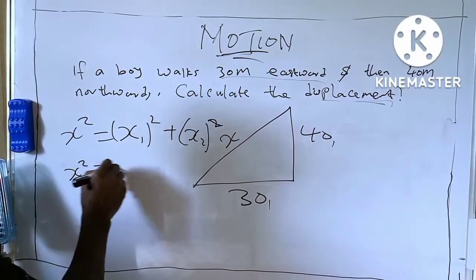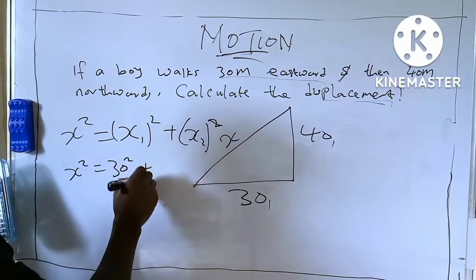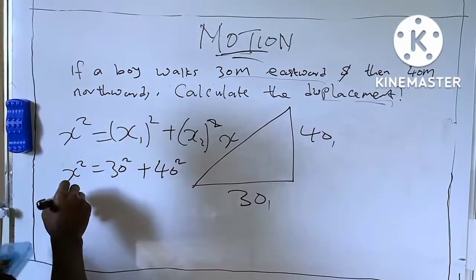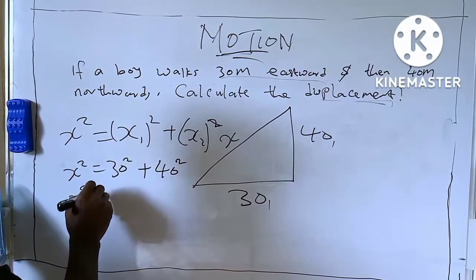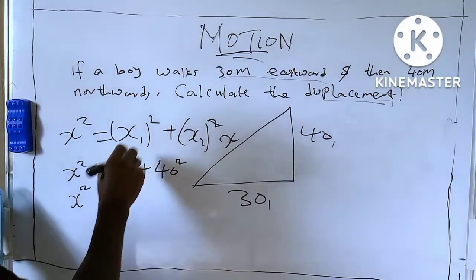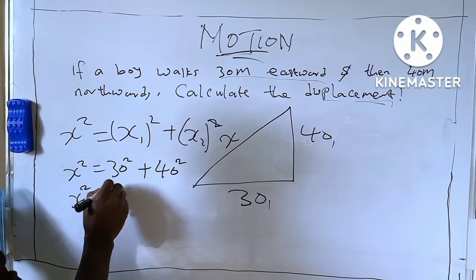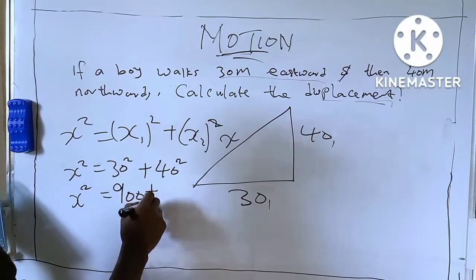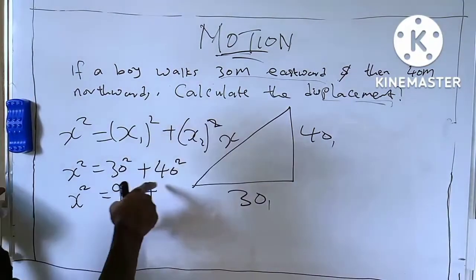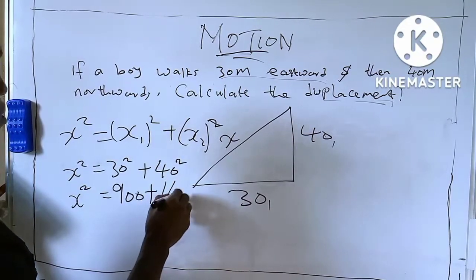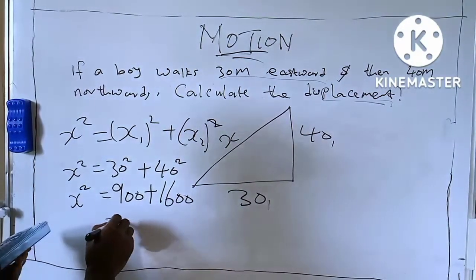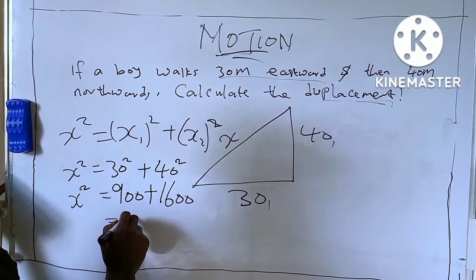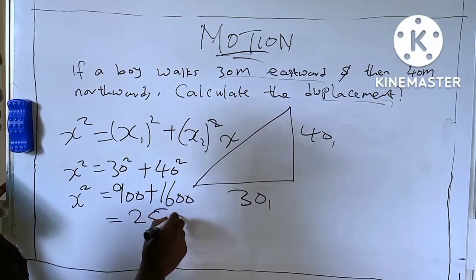So we have x squared equal to 30 squared plus 40 squared. x squared equal to 30 raised to power 2, which is 900, plus 40 times 40, 1600. 900 plus 1600 equal to 2500.